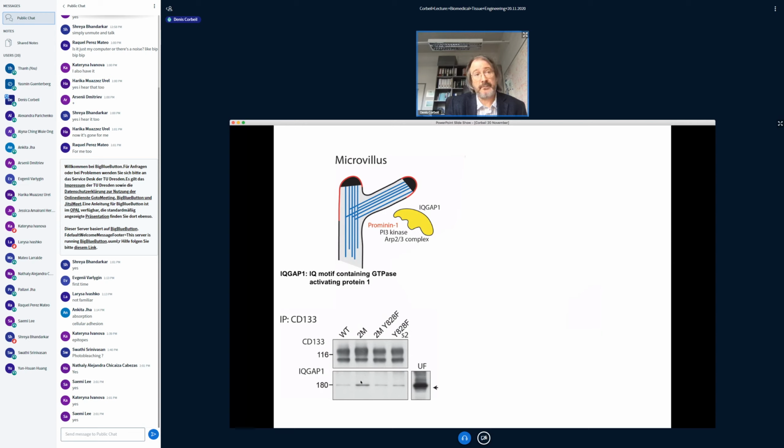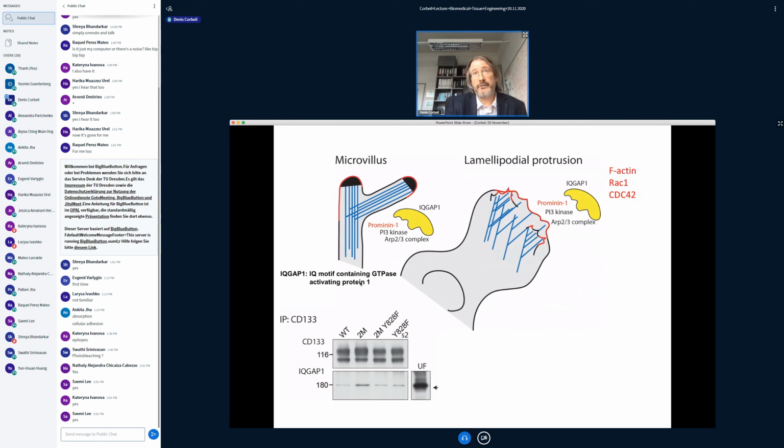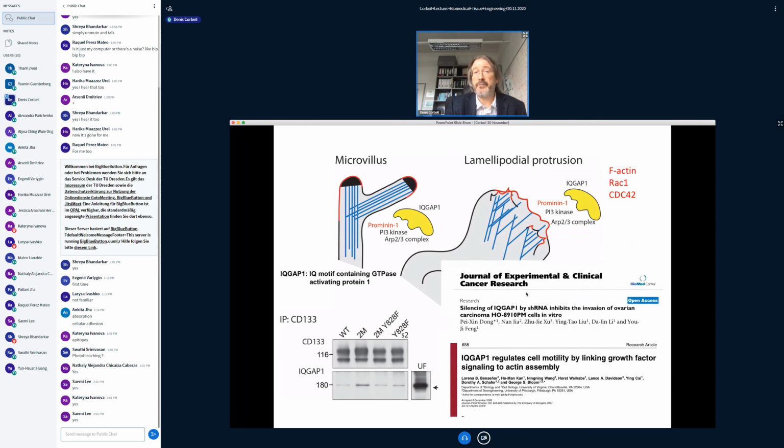This is quite interesting because normally these proteins are involved in the formation of lamellipodia, where you have the branching actin here. And this is quite important for the migration of fibroblasts, but also cancer cells. As you can see here, in two examples, when people knocked down IQGAP1, they could block the migration or the invasion, in this case, of ovarian carcinoma cells.